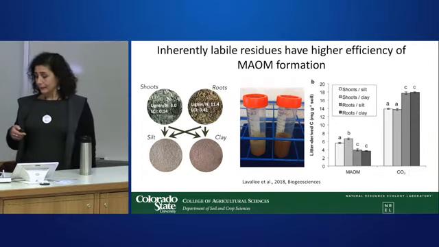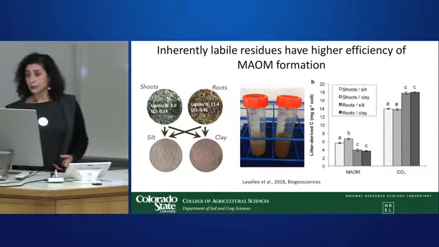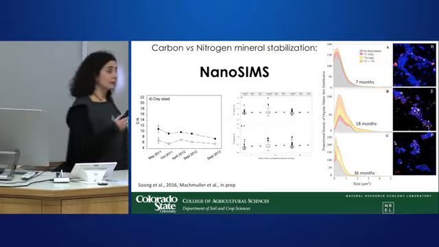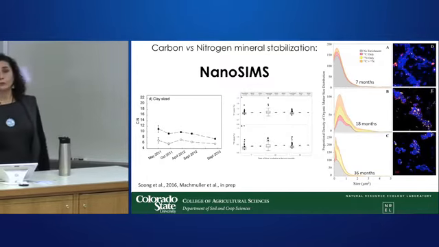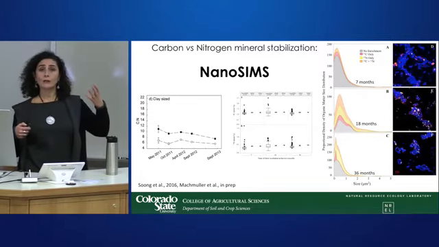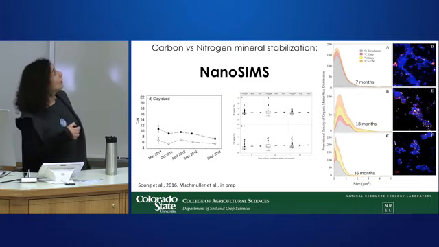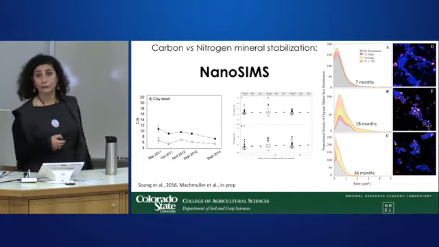So one thing that we had noticed in the 3 years field experiment in Kansas was that when we looked at the relation between the litter-derived carbon and nitrogen stabilized on the clay fraction, they actually tended to decrease over time.